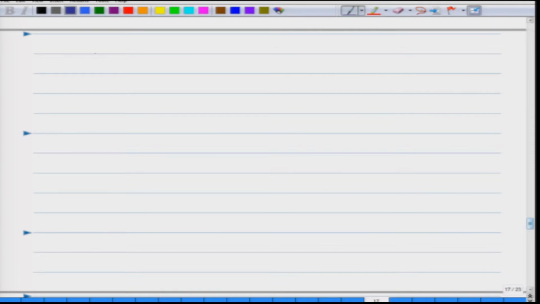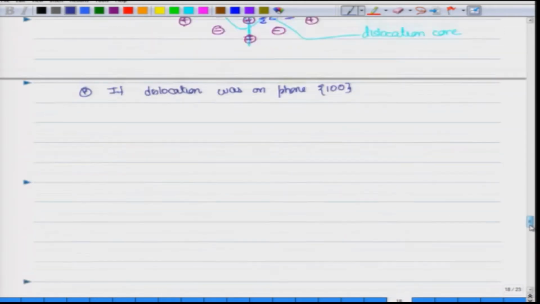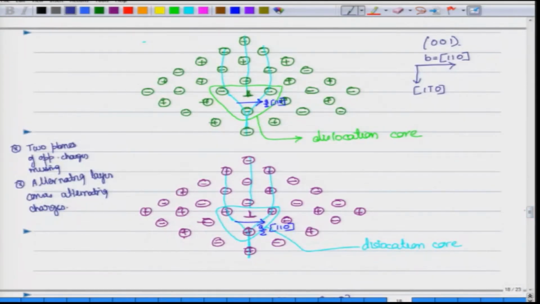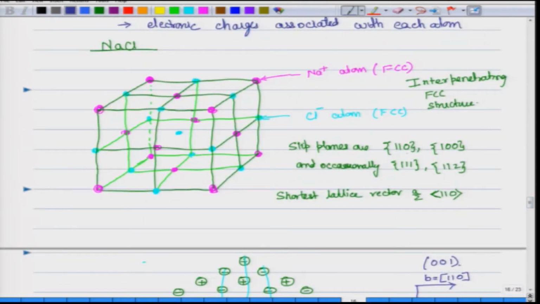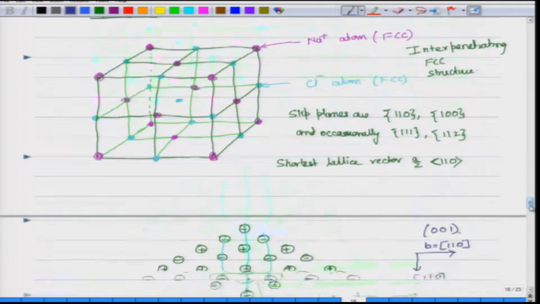If the dislocation was on the 100 plane, the glide plane here is assumed to be 100, while here we are assuming the glide plane to be 110, because we have said this is also one of the possible glide planes, but the preferred glide plane is 100.